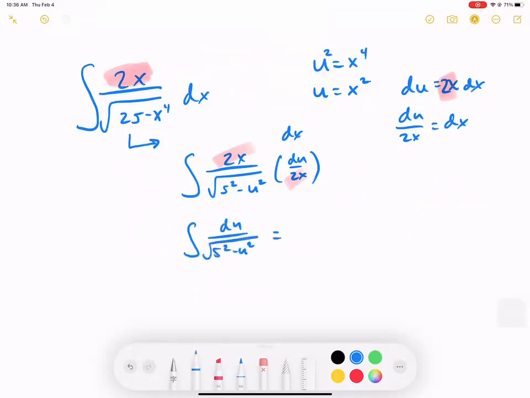And this is a straight copy. For me, look at my identity now, where a is equal to 5 and u is equal to x squared, just FYI. This is sine inverse of u over a, which is sine inverse of x squared over 5, plus c.